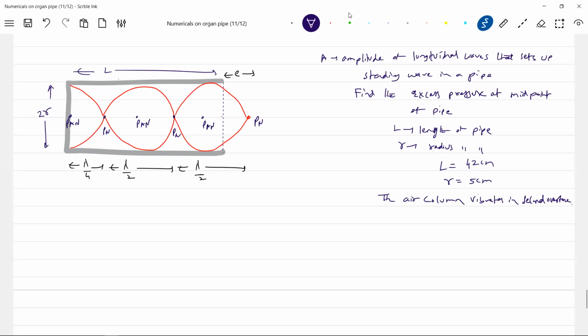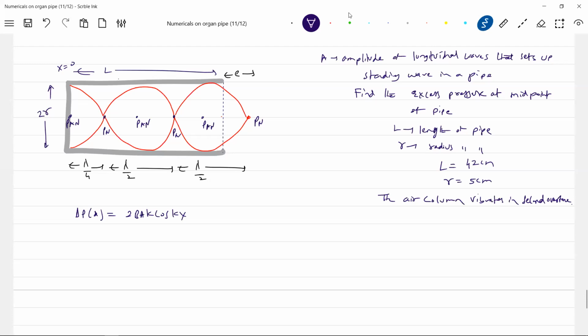Let me define this as x equal to 0. Now, what is the pressure equation? We write it like this, no? Delta P of x should be equal to 2BAK cos kx. Am I right? Don't fight with any of the concept here.